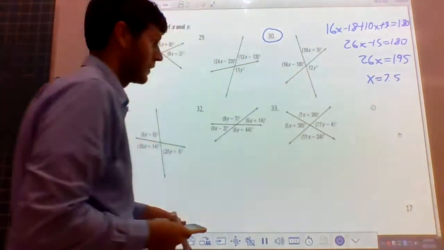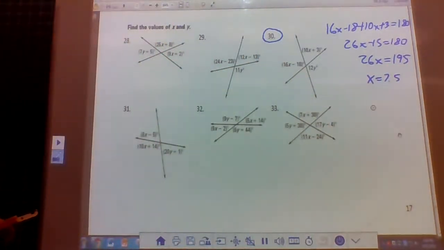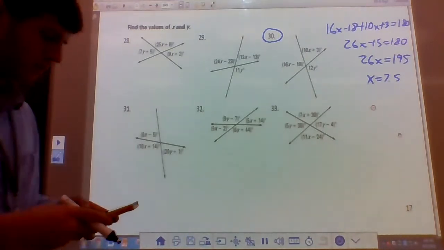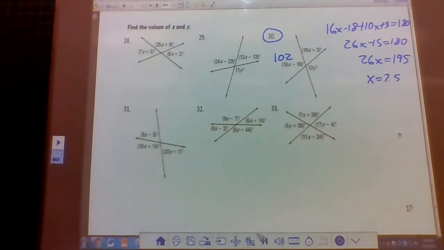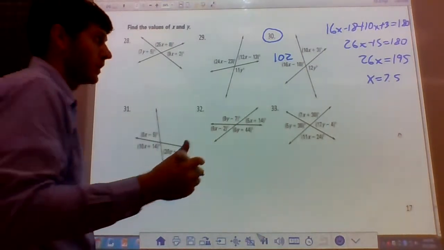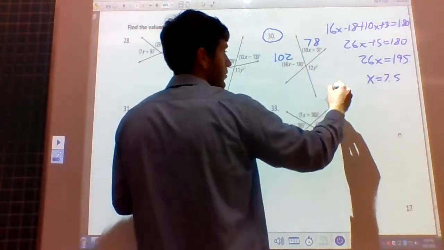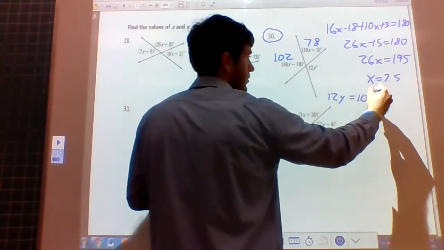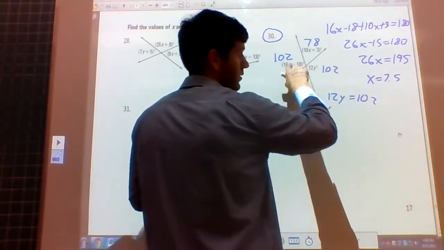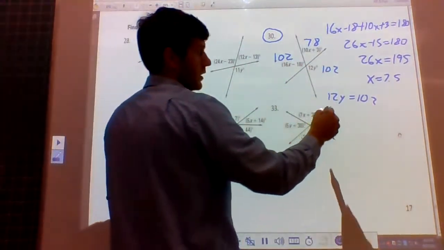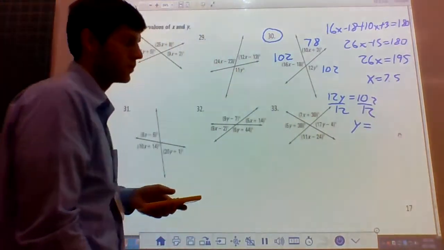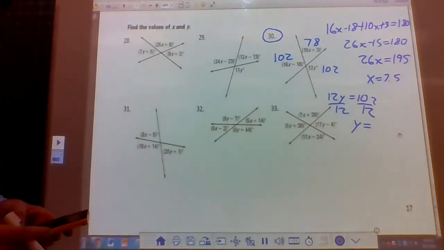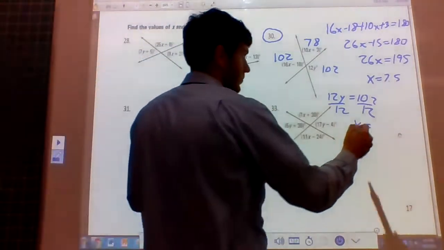So plug that back in. 16 times 7.5 minus 18 is going to give us 102. 10 times 7.5 is 75. So 78. So 12y is going to equal 102 because they're vertical, and these are vertical angles. Divided by 12, that does not go in evenly, so that's 51 over 6, which is 8.5.